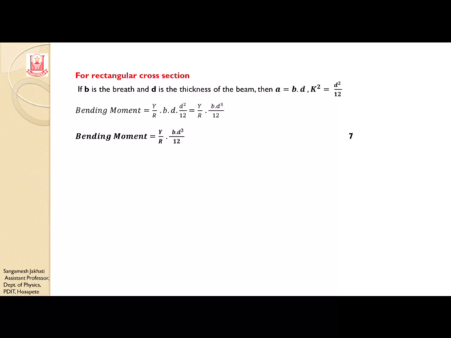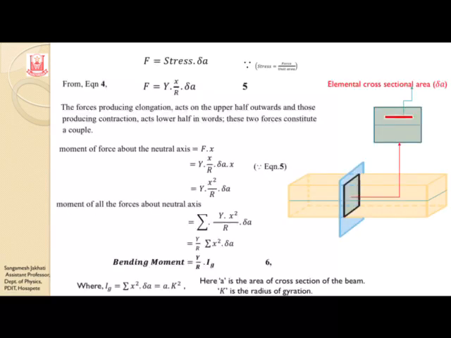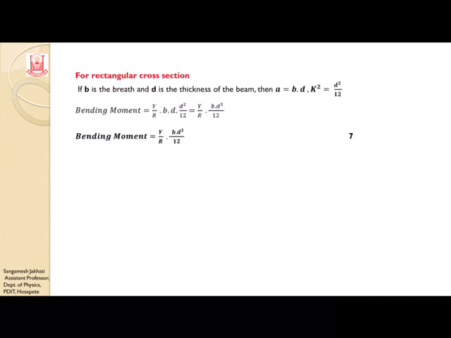If you substitute these A and k square values into Ig, which is equal to sigma x square into delta A, that is equal to A into k square. So in that Ig value, substituting the values of A and k square, we get equation 6 as bending moment equal to y by r into b d cube divided by 12.